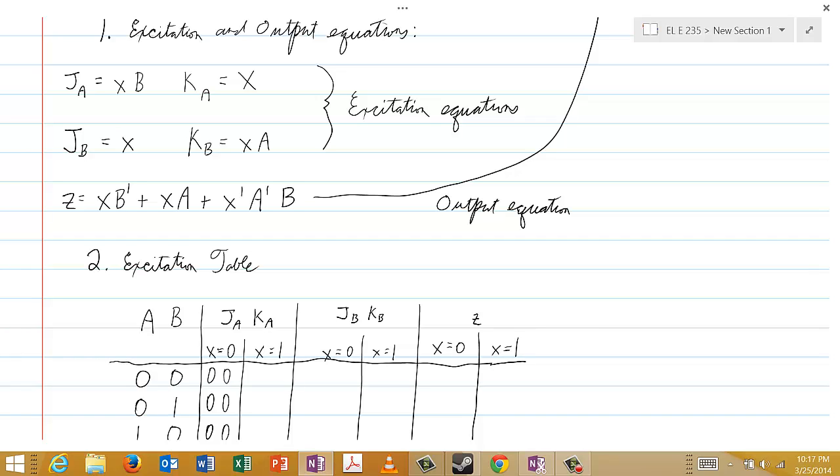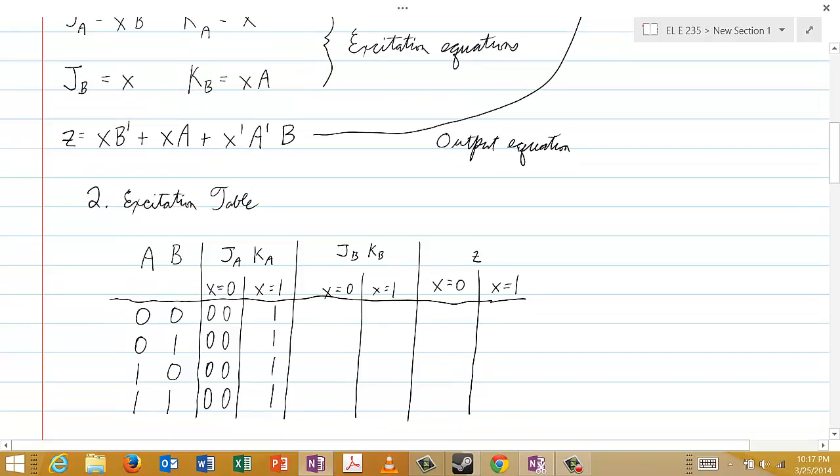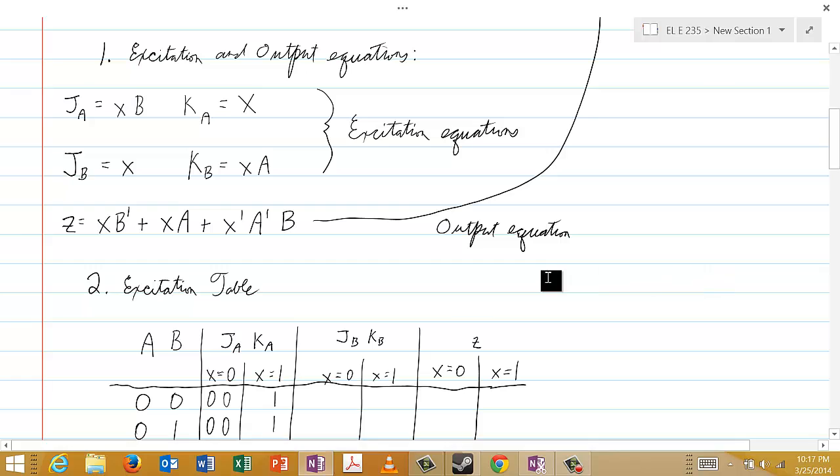What about when X is equal to 1? Well, when X is equal to 1, clearly since KA is equal to X, it will always be equal to 1 in this next column. So we have 1, 1, 1, and 1. And when X is equal to 1, we can see from this equation that JA will be equal to 1 ANDed with B, and 1 ANDed with B is B itself.